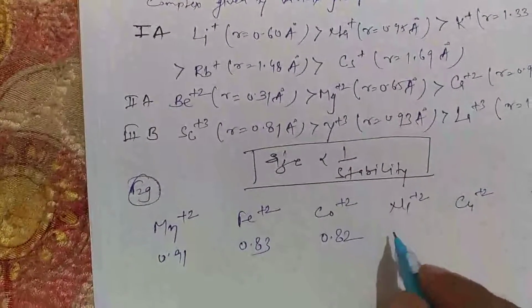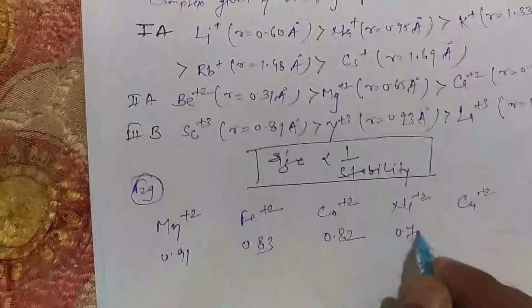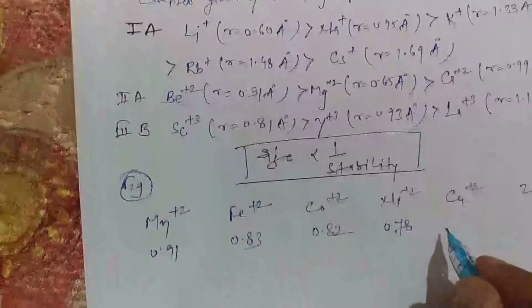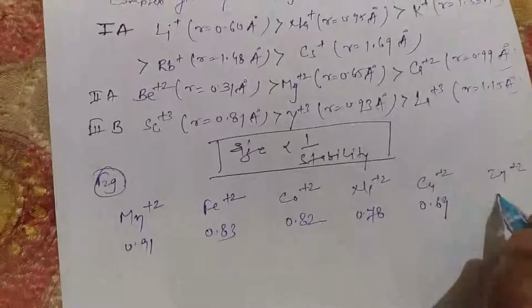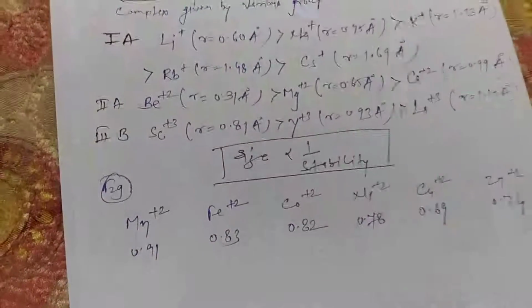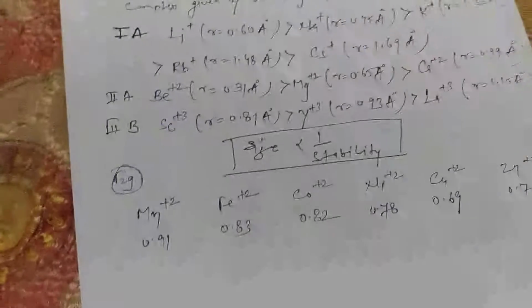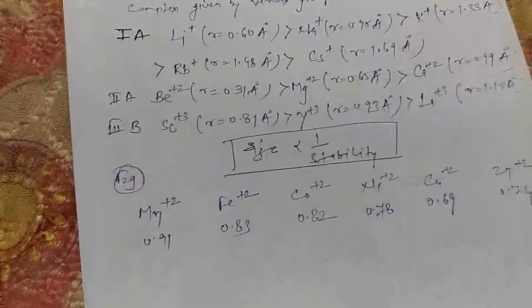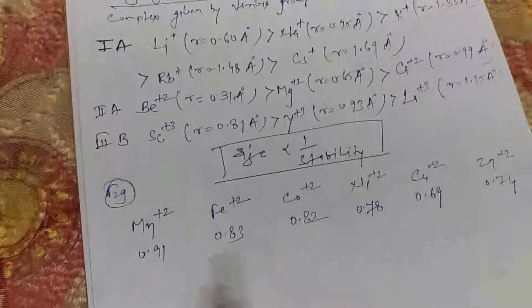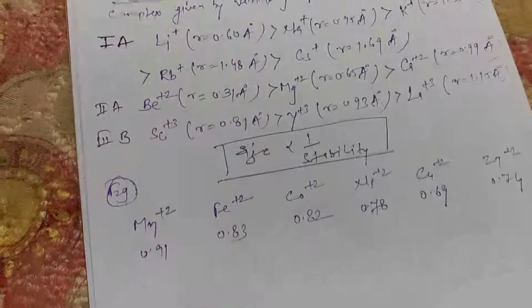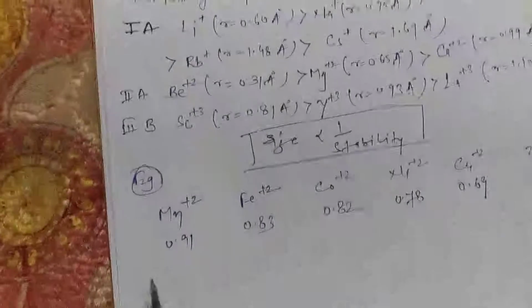Then nickel is 0.78, then copper is 0.69, and again zinc increases, because zinc has a completely filled d orbital. So this is the size. Now what is the stability order? Of course the stability order will be changed here.